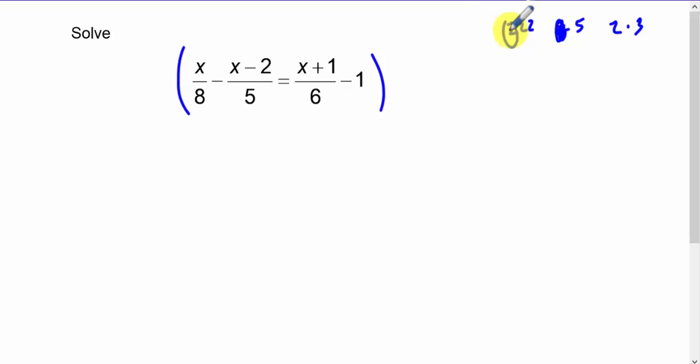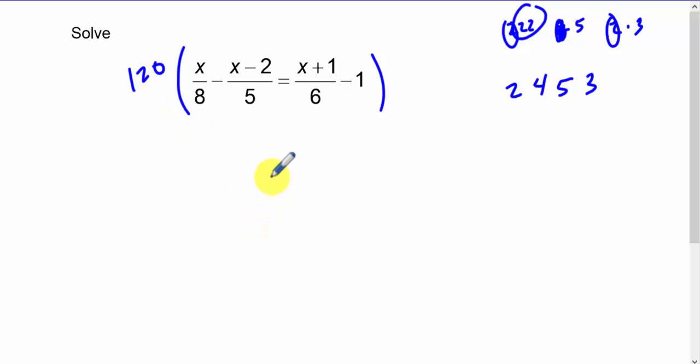So, the 2's need a 2. The other 2's need a 4. And then I've got a 5 and a 3 left. So in this case, I've got what appears to be 20 times 6 or 120 is my LCD. All right.